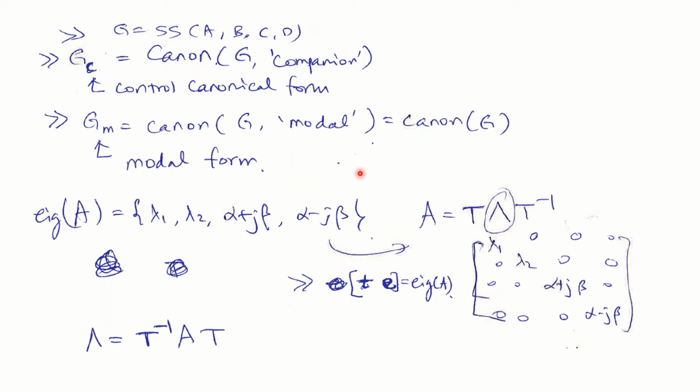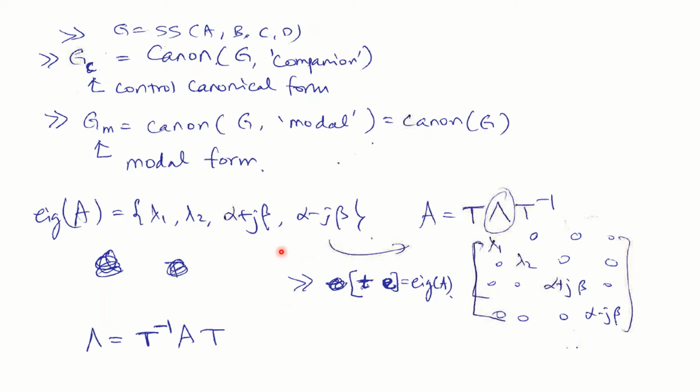We may get some problem when the eigenvalues of A become complex. Suppose you have 4 eigenvalues, and 2 of these eigenvalues are real, but 2 of these are complex, like alpha plus j beta and alpha minus j beta.